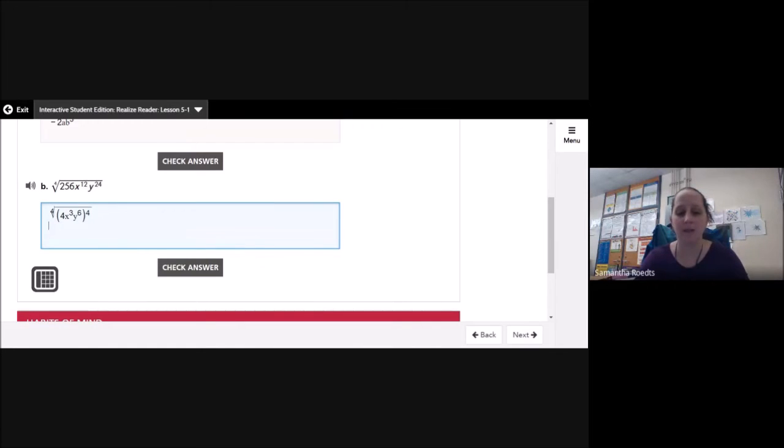Okay, so this is the absolute value of 4x cubed y to the 6th. Or you could also write it as 4 times the absolute value of x cubed, y to the 6th, because again, the x cubed is odd.